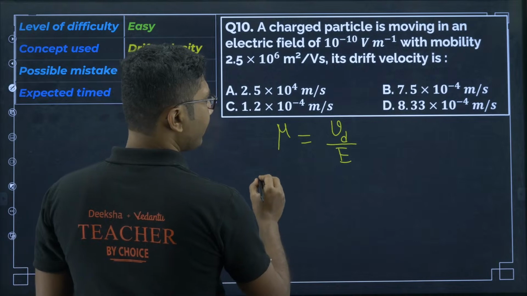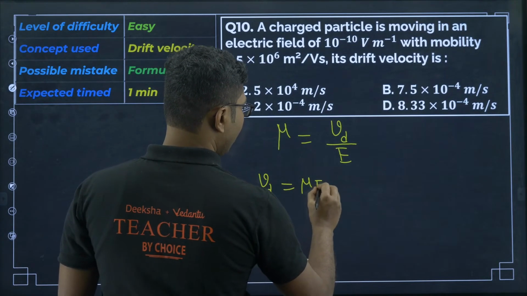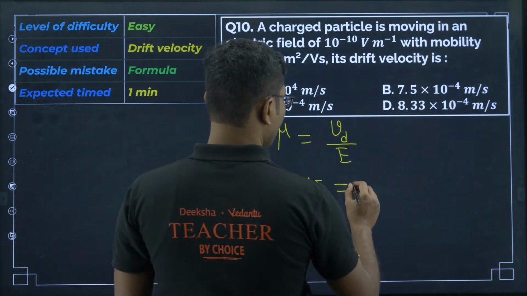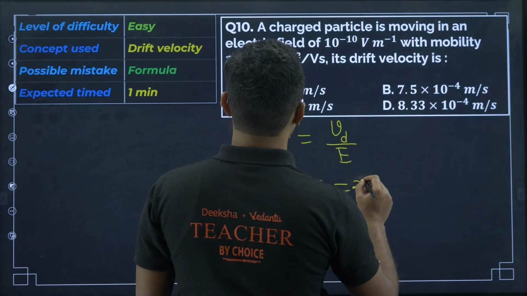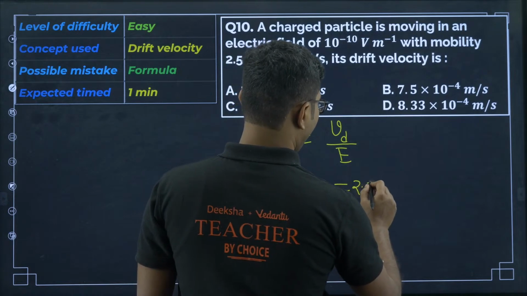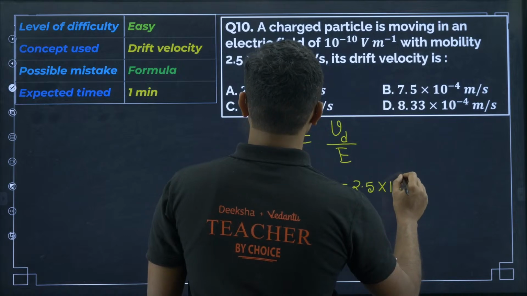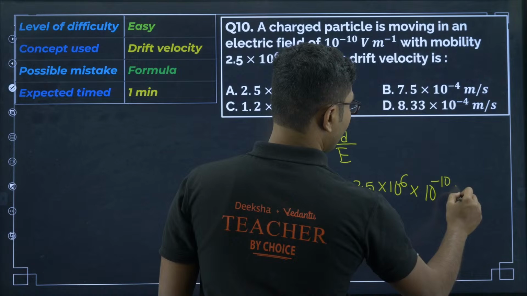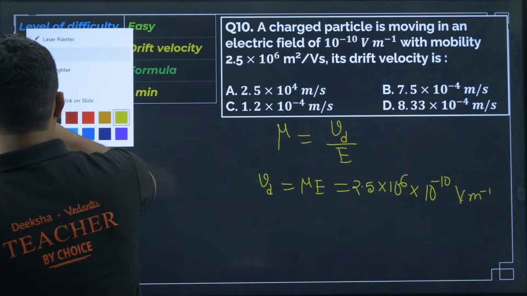So drift velocity will be mobility into electric field, that is 2.5 into 10 to the power of 6 into 10 to the power of minus 10 volt per meter, meter per second.